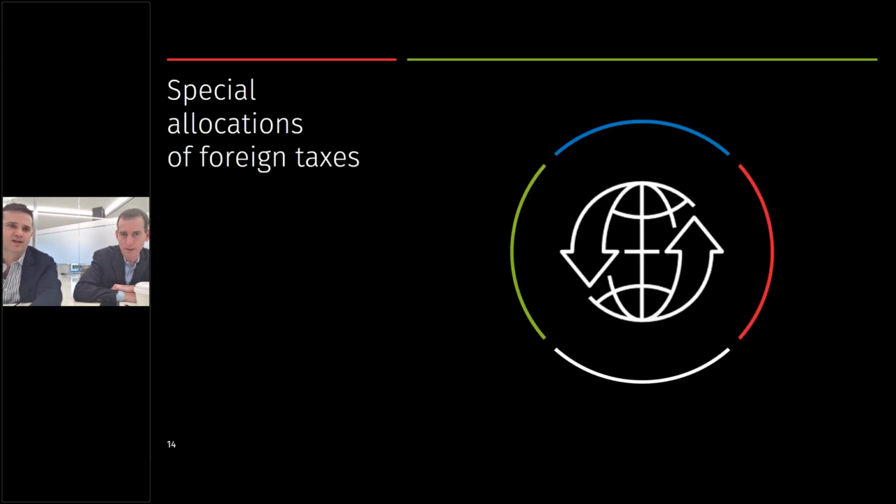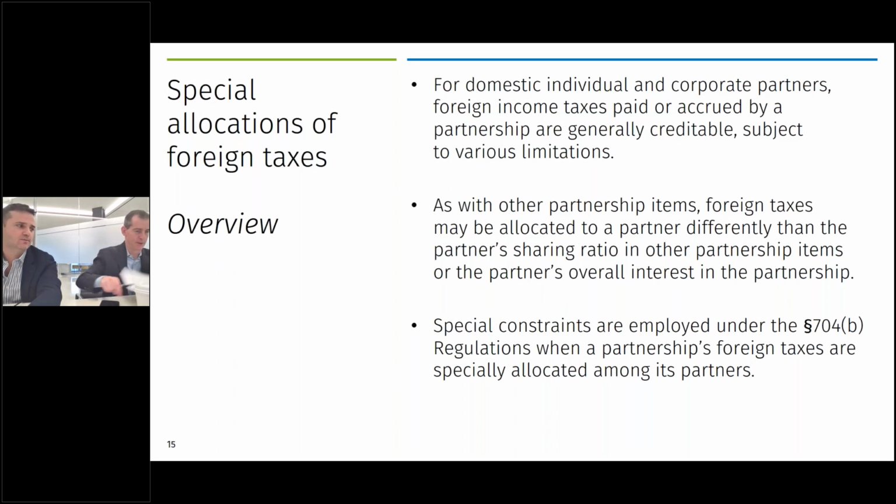Okay, so for the next section, we're talking about special allocations, and specifically for our scenario here, it's going to be special allocations of foreign tax.